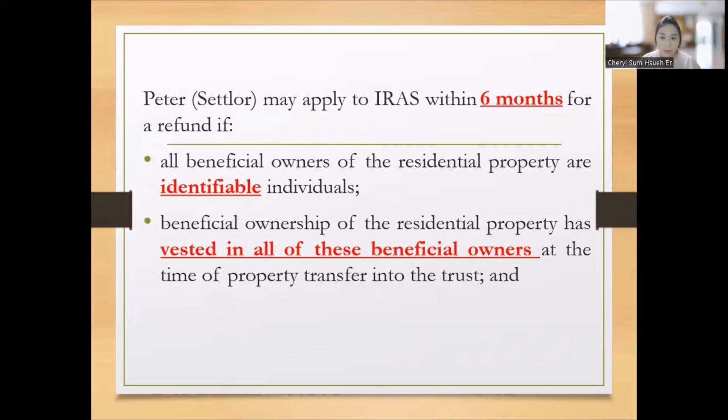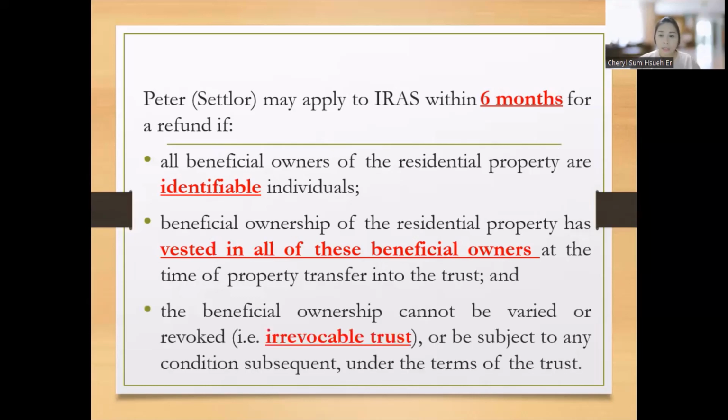That means on the day the trust is being set up, I must already confirm that these beneficiary owners already have ownership. We're not looking at a beneficiary owner turning 21 next time, or 35 next time, or if something else happens in the future, then such transfer is going to be effective. Those kinds of things are not what we mean by vested in all beneficiary owners today. More examples will be given to you in a while.